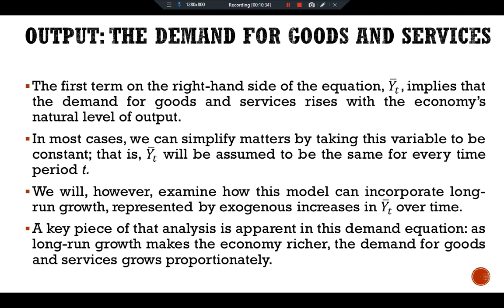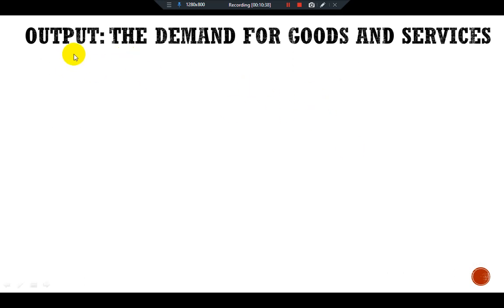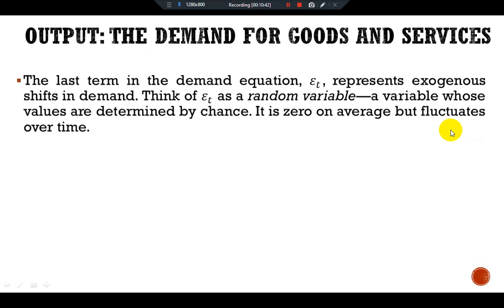Moving towards the further discussion related to the demand for goods and services, the last term in the demand equation, epsilon T, represents the exogenous shocks in demand. Think of epsilon T as a random variable, which we can sometimes call the error term, a variable whose values are determined by chance.